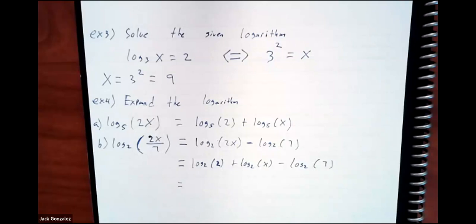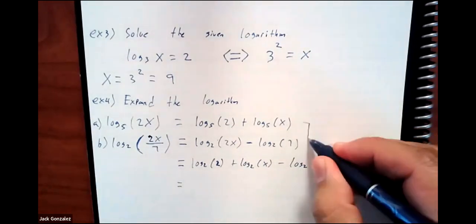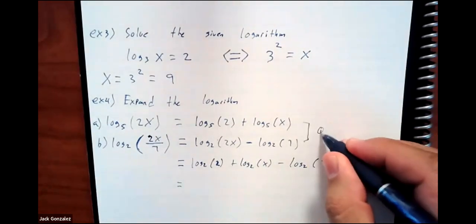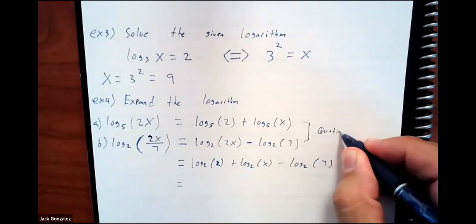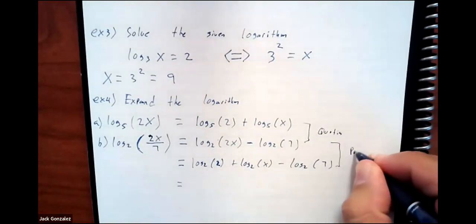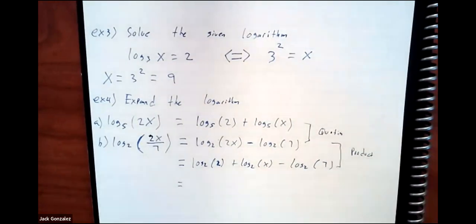Do you see property 5 can be used? Here we did quotient. Here we did product. What can we do now?